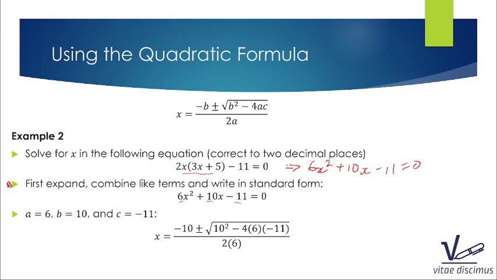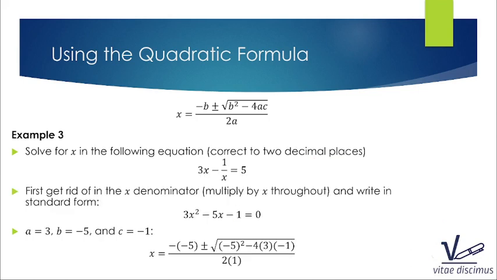For the first solution with the plus, I get x equals 0.75 or 0.76 to 2 decimal places, or x is equal to minus 2.42. Those are the two solutions that we get for that example.